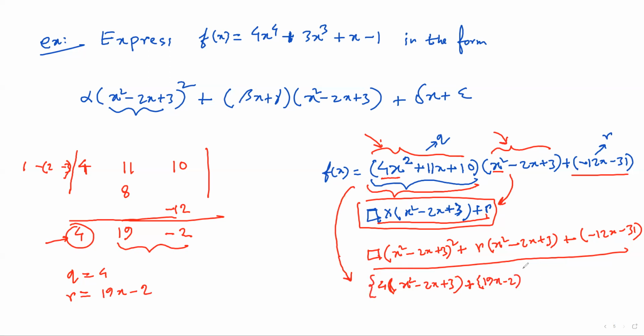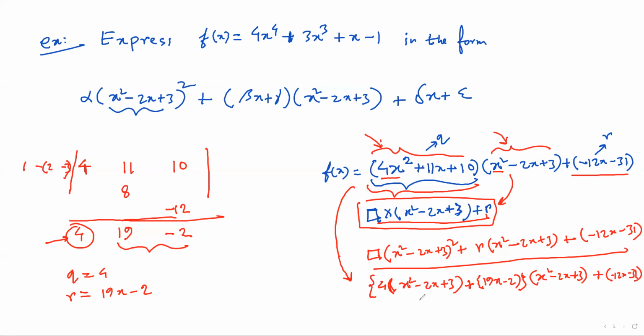Now this entire thing has a multiplier outside, which is x square minus 2x plus 3 and an overall remainder minus 12x minus 31.